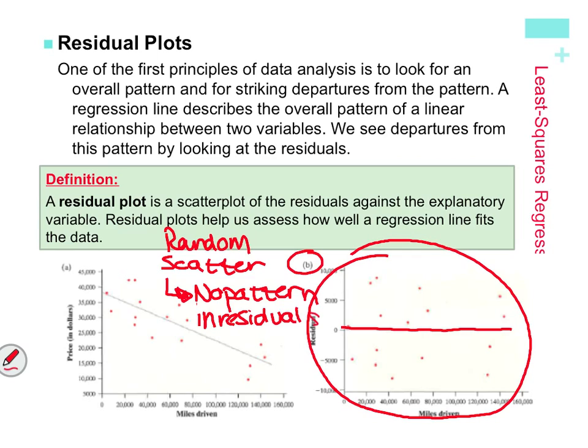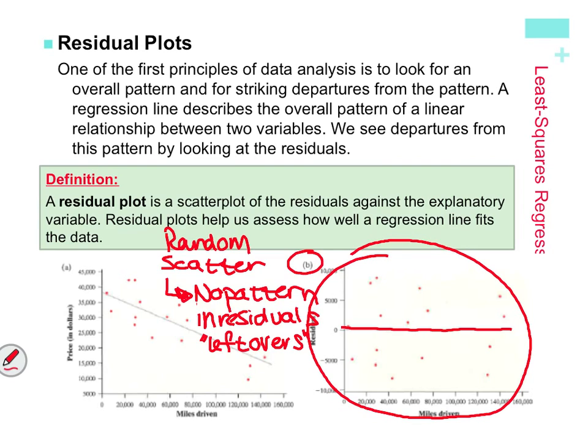When you have no pattern in your residuals, that means your regression line did what it wanted to do. You had no pattern left over. That means your least squares regression line did what it was supposed to do.